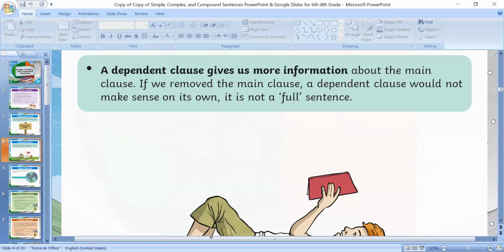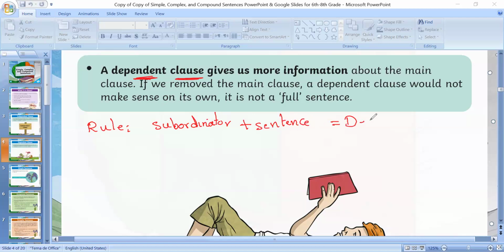Okay? Look at the subordinators. Look at this rule. Rule for a dependent clause. How could you identify that this clause is a dependent clause? Rule: subordinating conjunction, or subordinator, plus a sentence equals what?